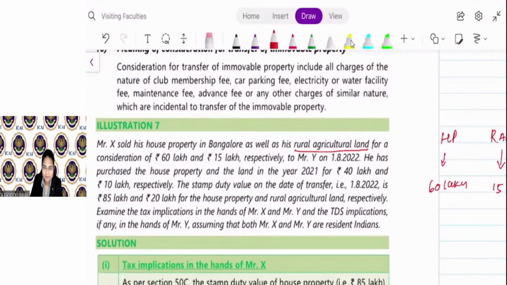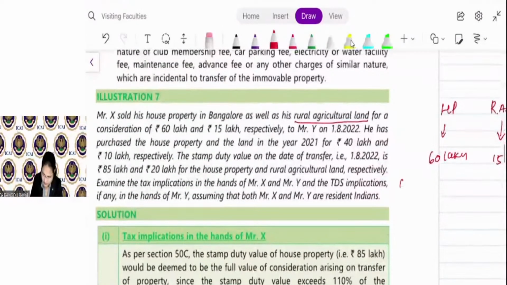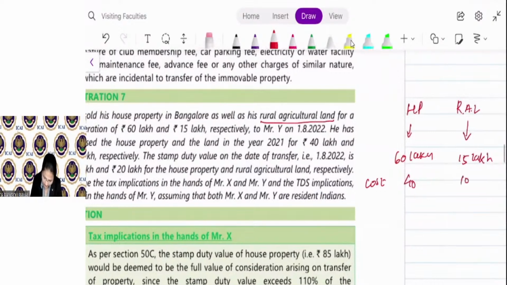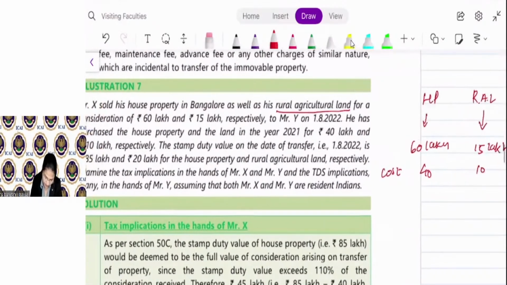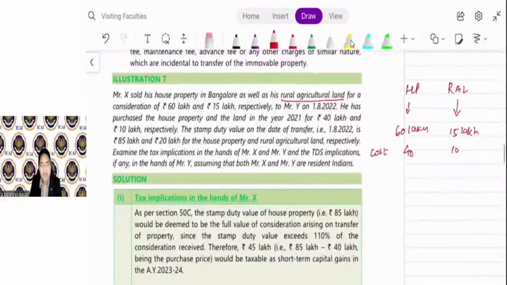So here, the cost is 40 and 10. The stamp duty value on the date of transfer, that is on 1st August 22, is 85 lakh and 20 lakh for house property and rural agricultural land respectively. So stamp duty value here is 85 lakh and here 20.